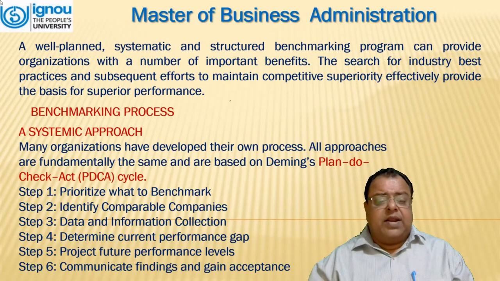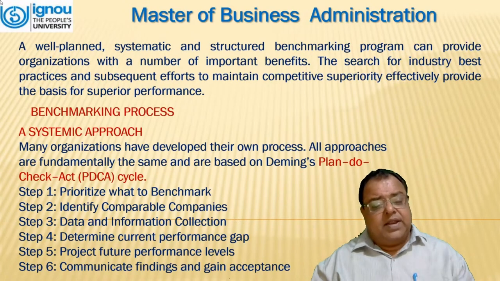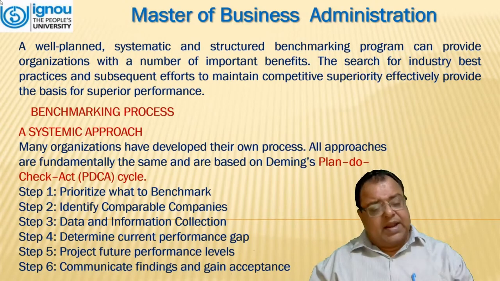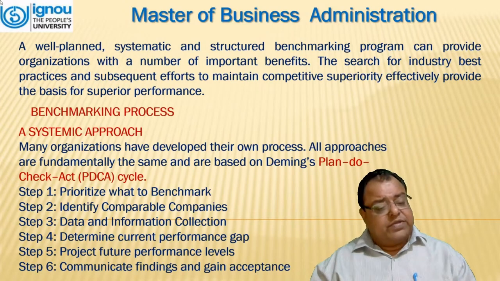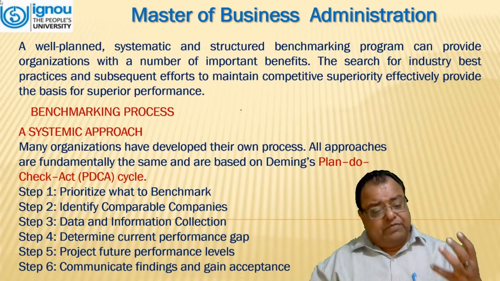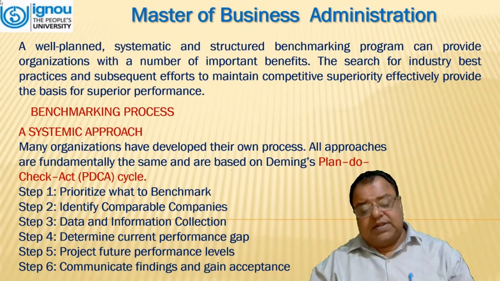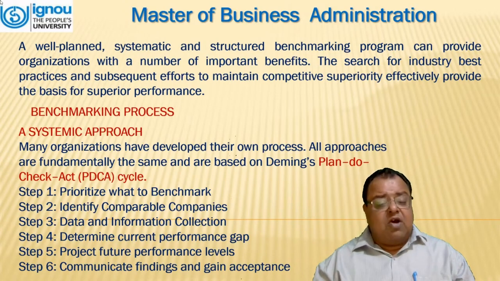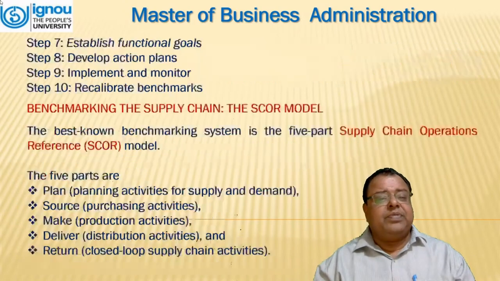Step one is prioritize what to benchmark. Number two, identify comparable companies. Third, data and information collection. Fourth, determine current performance gap. Fifth, project future performance levels. And sixth is communicate findings and gain acceptance.